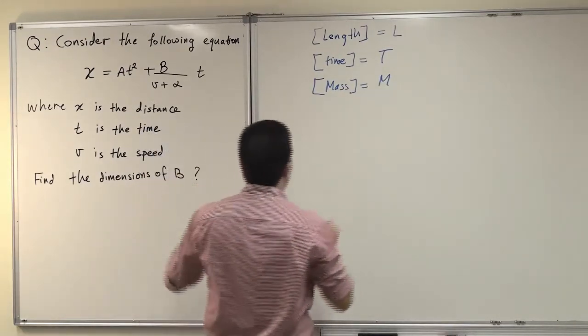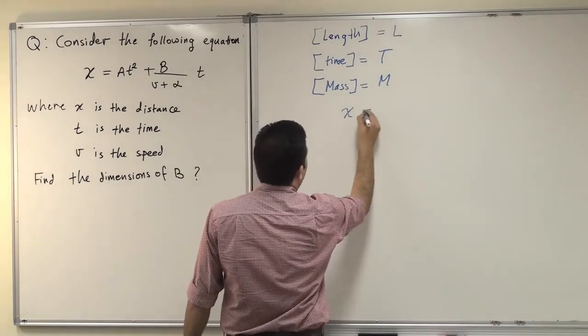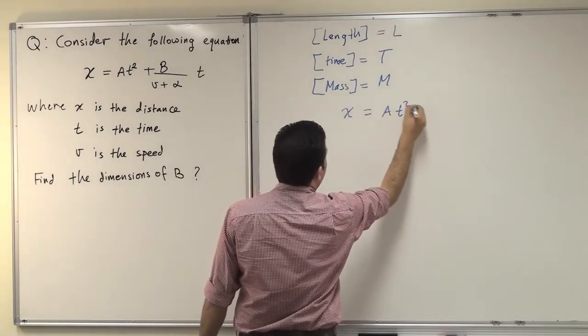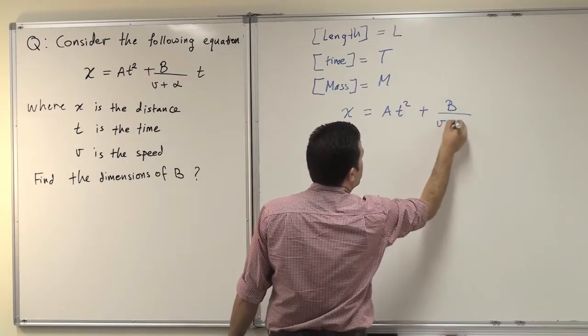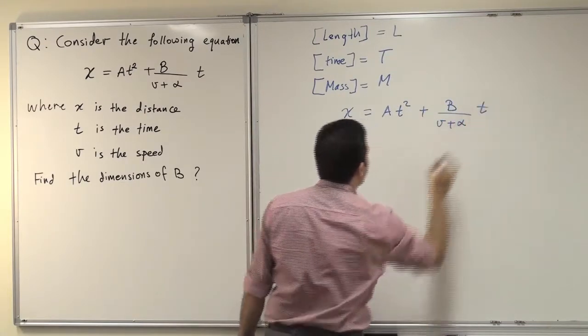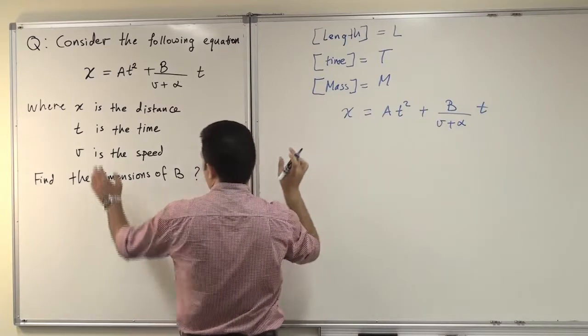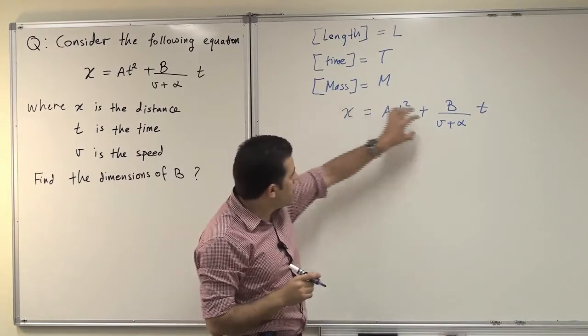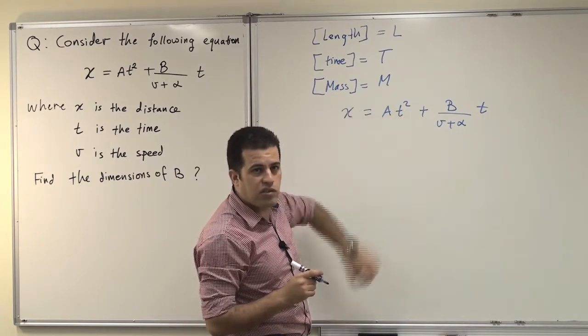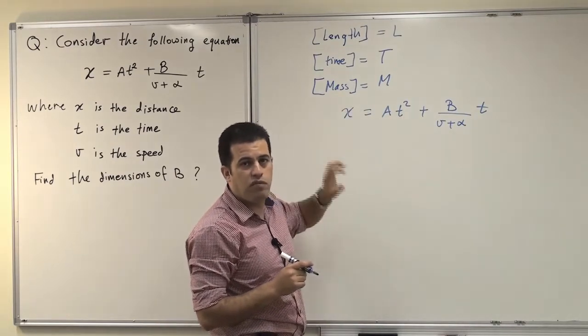Then if I go back to my equation, x equals a t squared plus b divided by v plus alpha t, because the question said that x is a distance, each term of this equation by itself is a distance and has the dimensions of length.